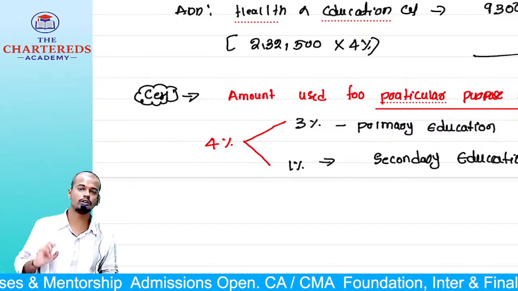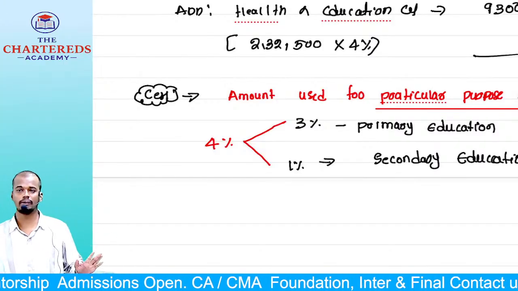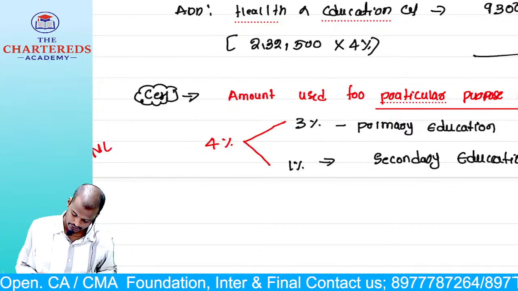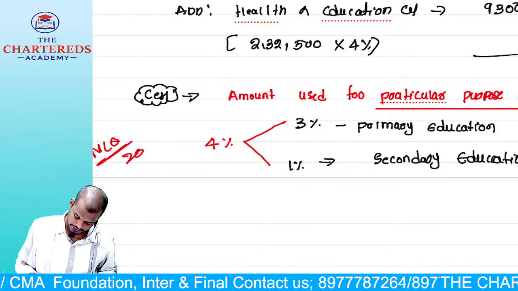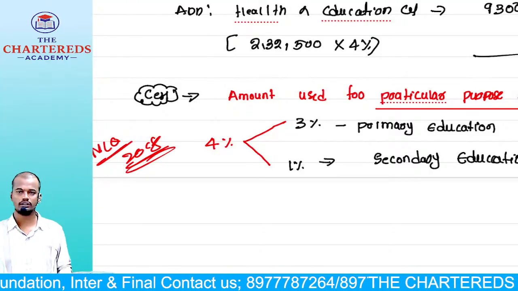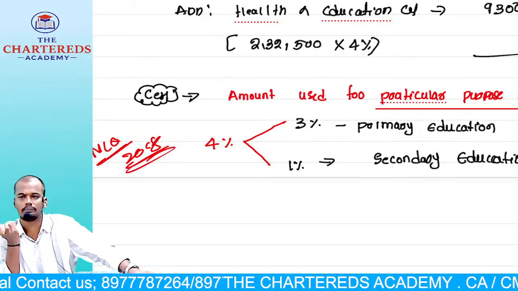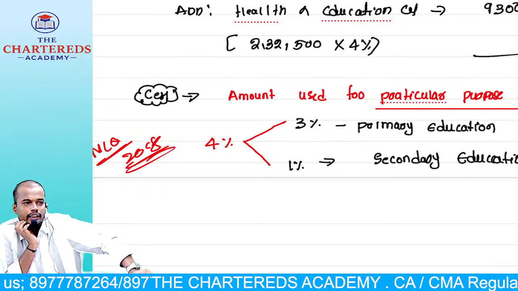This is an MCQ for CMA Inter; I think it was asked in 2018, though it's not covered in your material. So 3% for primary education, 1% for secondary education. Any doubt on this point, sir?